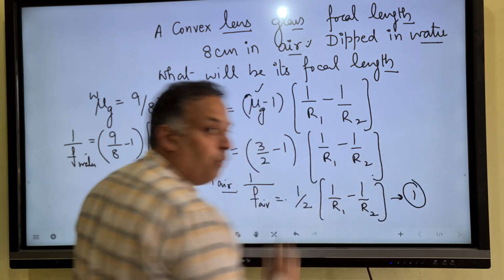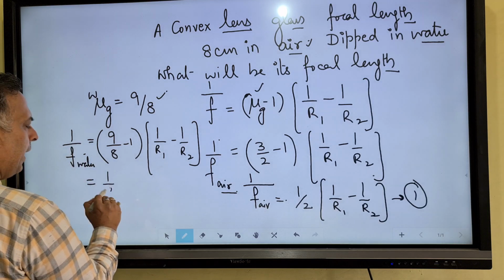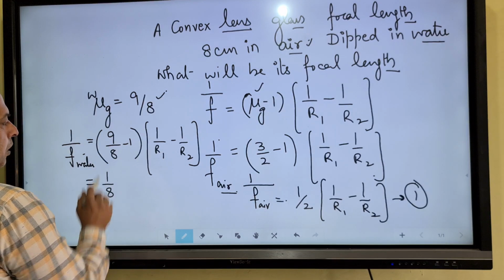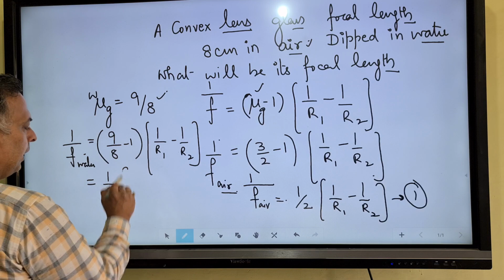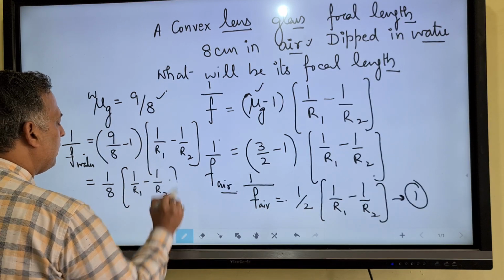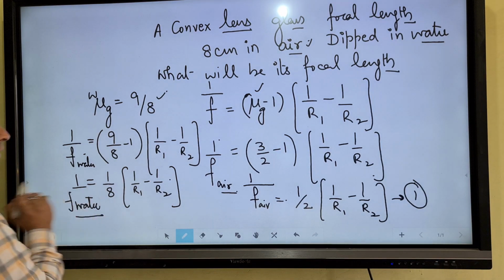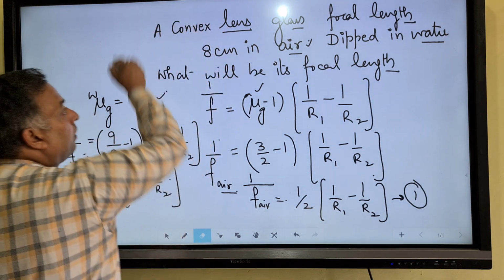This is equation number 1, and the water case becomes 1 by 8 into 1 by r1 minus 1 by r2. That's 1 by the focal length in water. So what should I do?